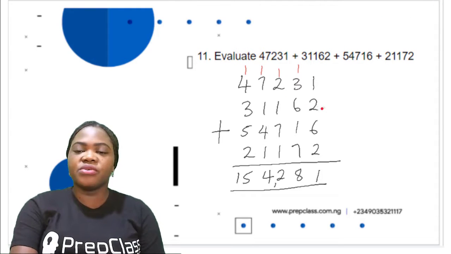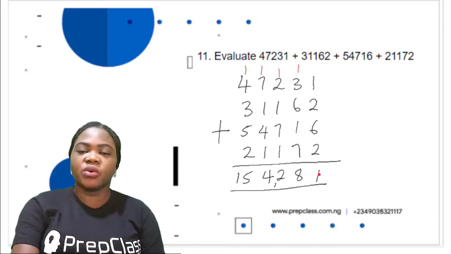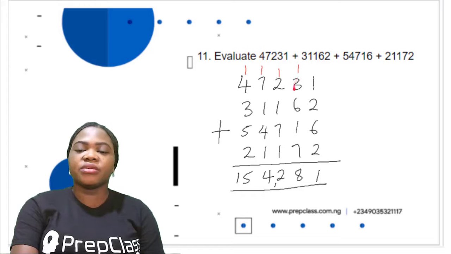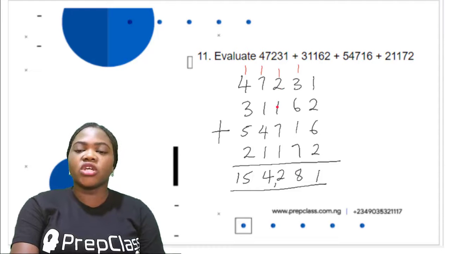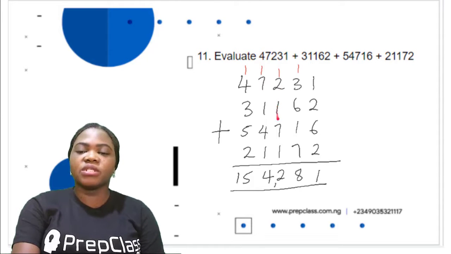1 plus 2 is 3, 3 plus 6 is 9, 9 plus 2 is 11, so write 1 and carry 1. 1 plus 3 is 4, 4 plus 6 is 10, 10 plus 1 is 11, 11 plus 7 is 18, so write 8 and carry 1. 1 plus 2 is 3, 3 plus 1 is 4, 4 plus 7 is 11, 11 plus 1 is 12, so write 2, carry 1. 1 plus 7 is 8, 8 plus 1 is 9, 9 plus 4 is 13, 13 plus 1 is 14.